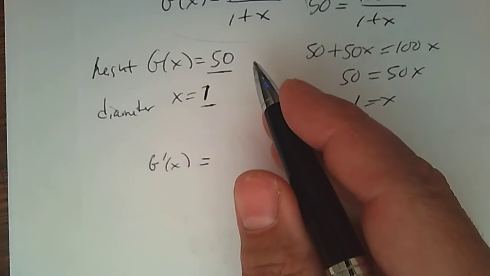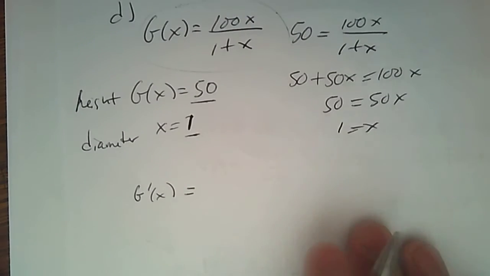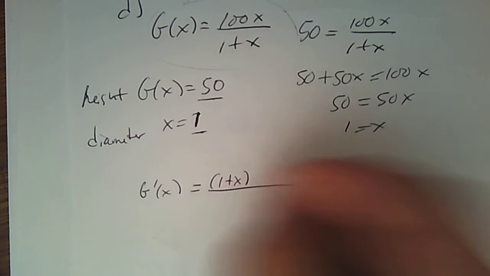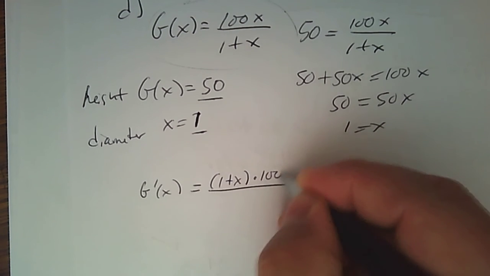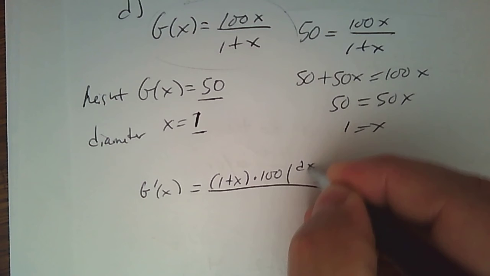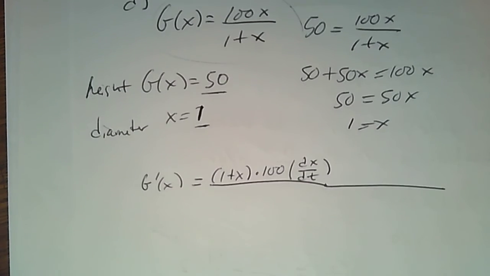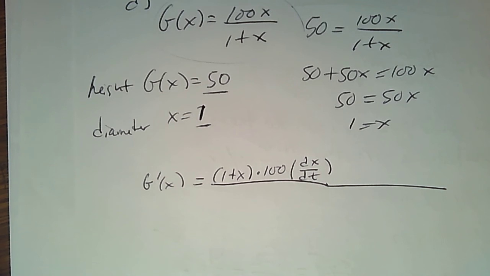So the derivative here is going to be the quotient rule. So the quotient rule is the bottom times the derivative of the top, but I need a hook that's to do with time. So every time I take the derivative of x, it needs a dx by dt.